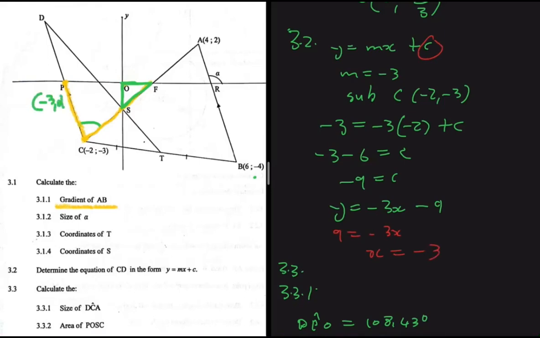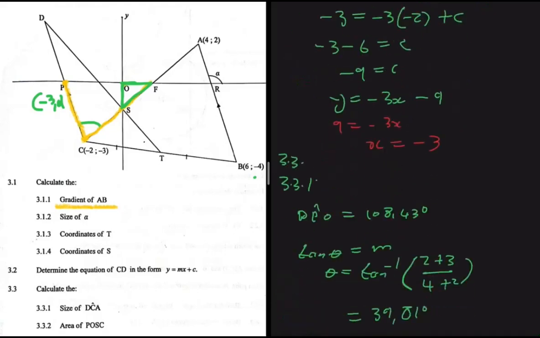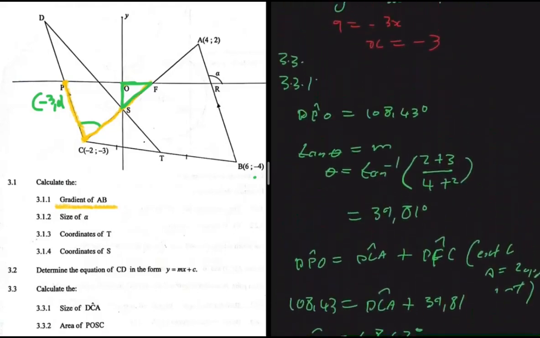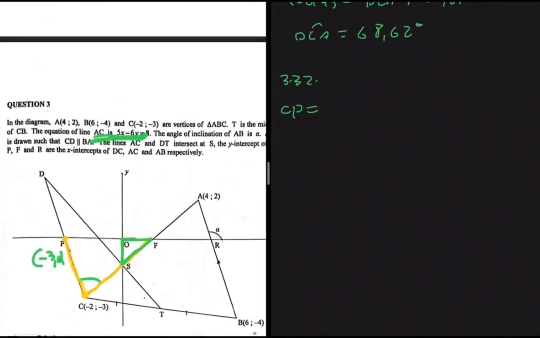And then which other one do we need? We also need the coordinates of F. The y coordinate of F is 0, and we are given the equation of AC, which is 5x minus 6y equals 8.